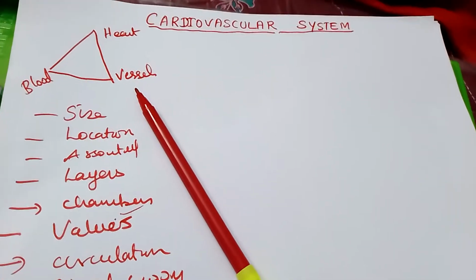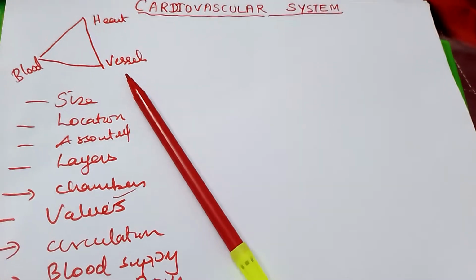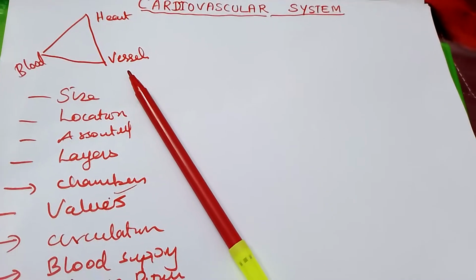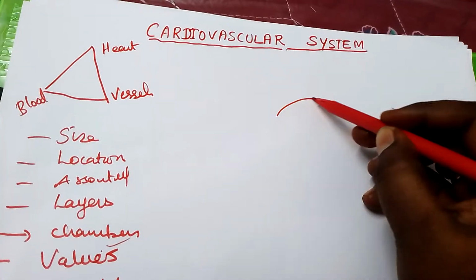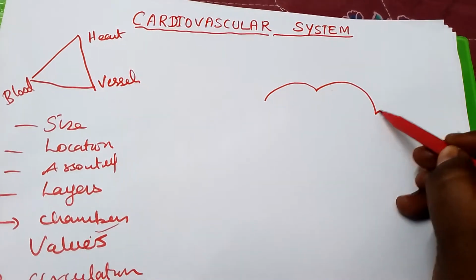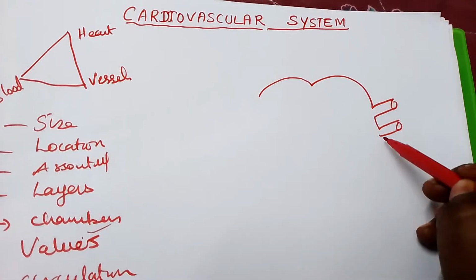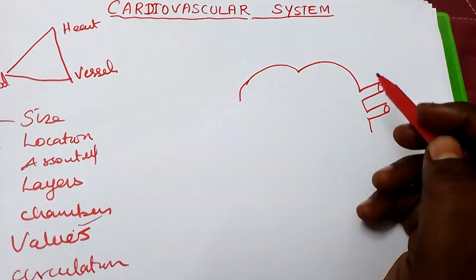First, for any chapter in this cardiovascular system, this is the concept you have to learn. Understand? Next, we will see the heart in detail. So, the heart is a hollow muscular organ, right? It is situated in the left side of our body.